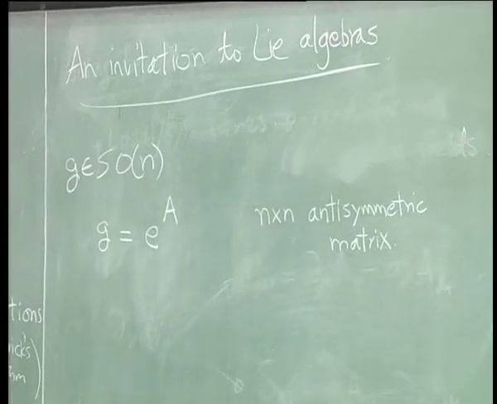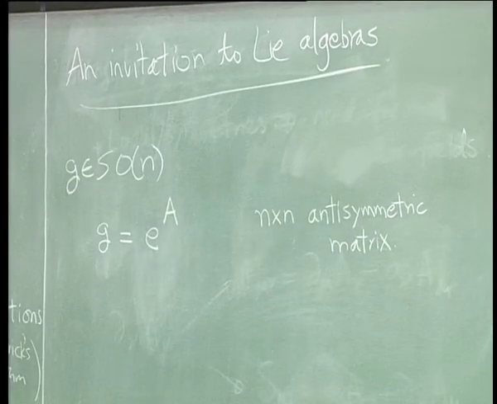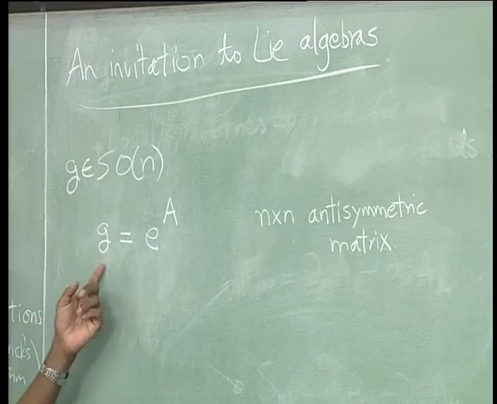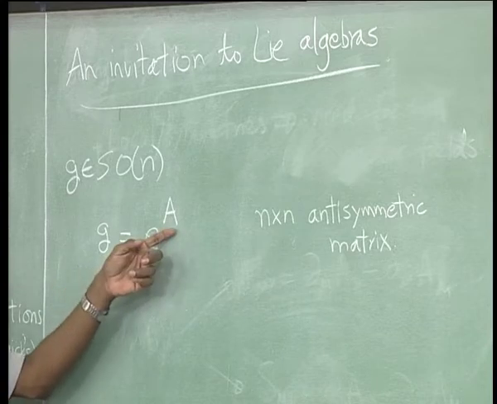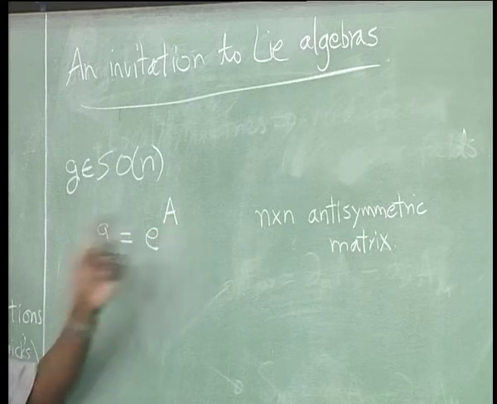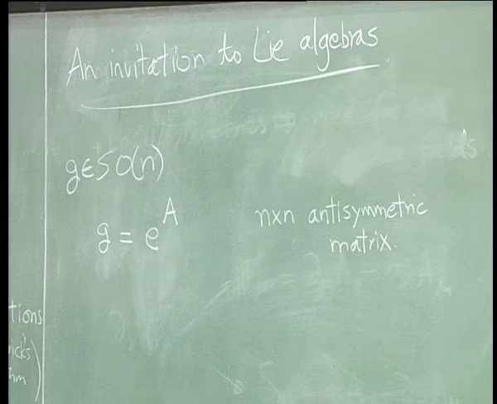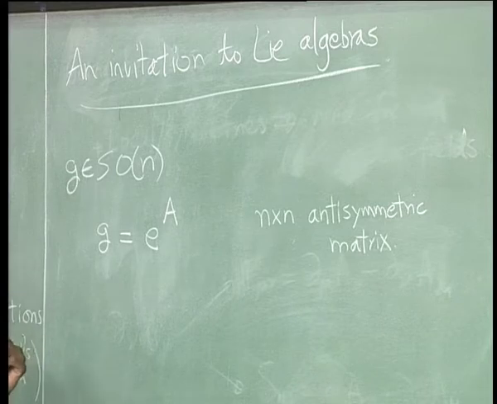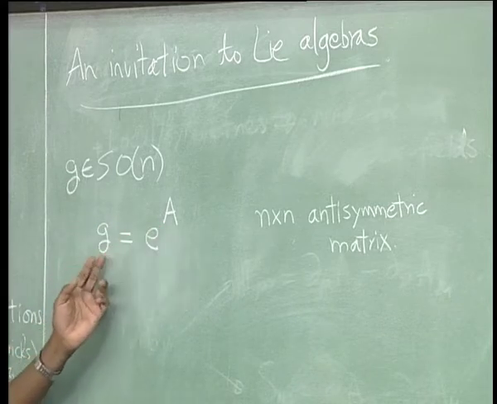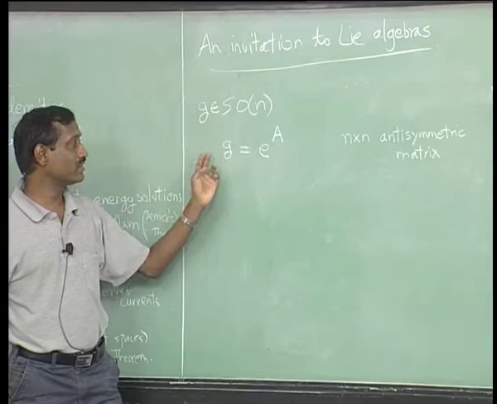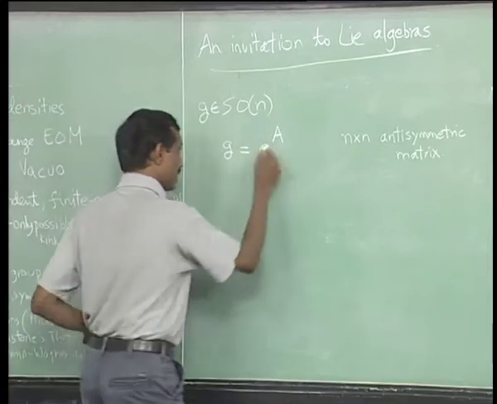And so, the point here is that instead of looking at the group element, I could work equally well with antisymmetric matrices. Isn't that what this tells you? If you give me an SO(N) matrix, I can recover A by doing the inverse.